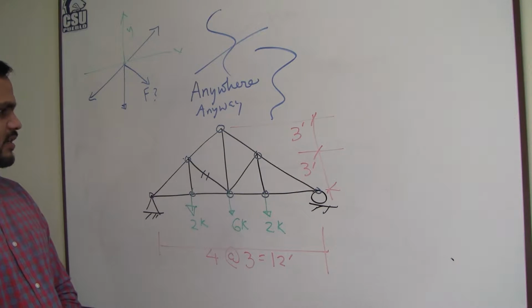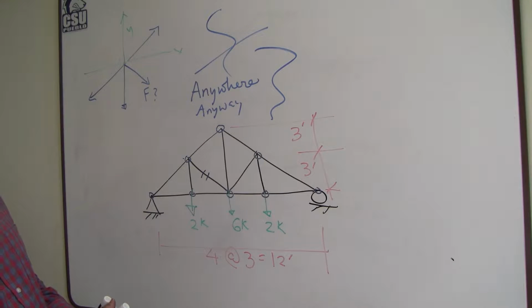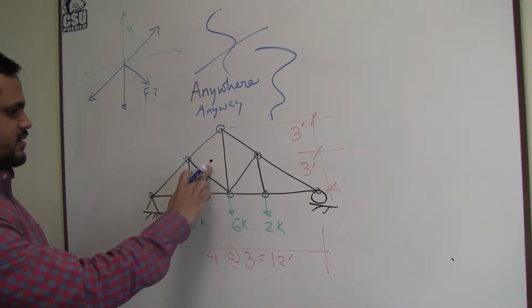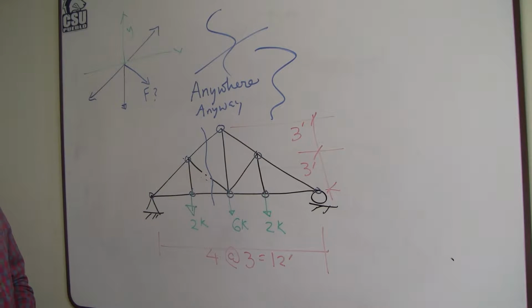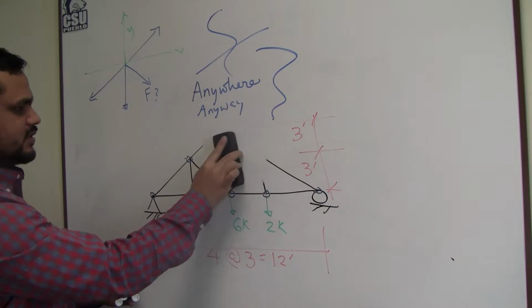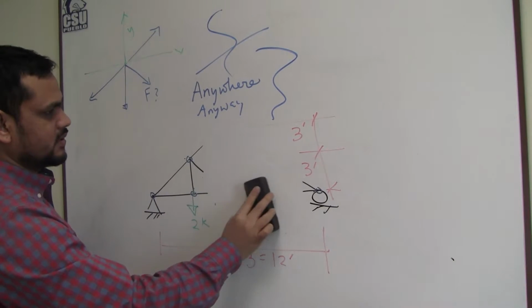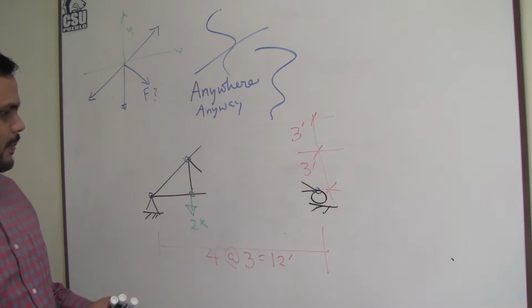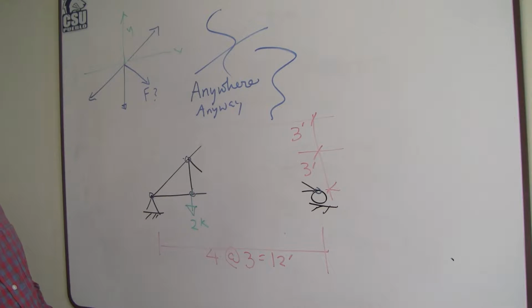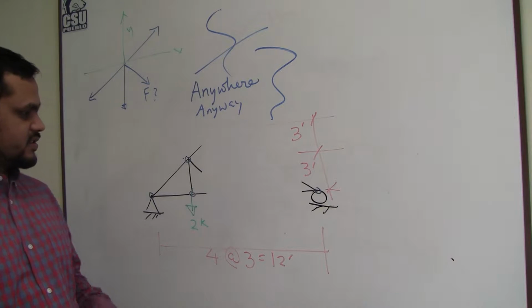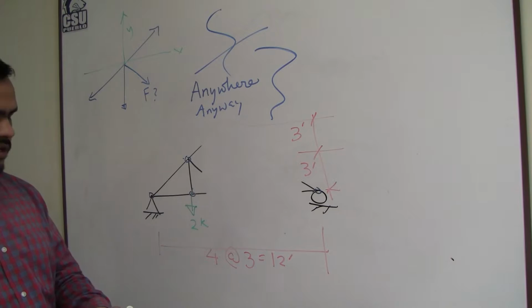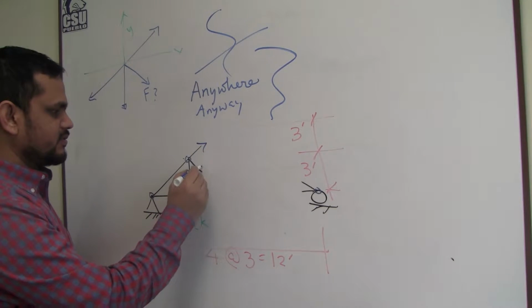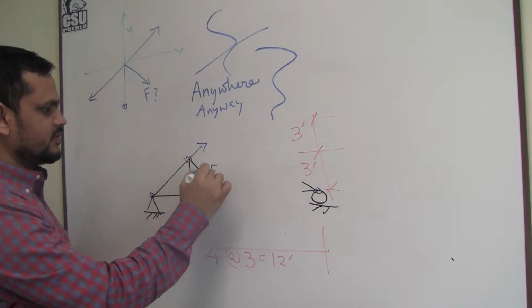So if I cut here, that means this way, I can delete this part. If I cut here and apply summation of Fx, then this way, 1 unknown, 2 unknown, 3 unknown, it will not help me. So assume the force, this is my force.